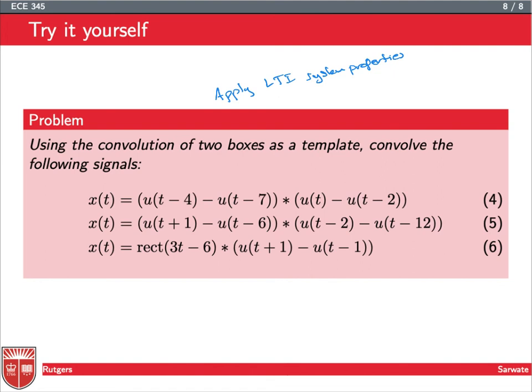These boxes are not necessarily starting at 0, but we know how to convolve 2 boxes starting at 0. So if they aren't starting at 0, you have to account for the delay and then delay the output by the corresponding amount after applying the template. Similarly, none of these have gains, so we don't have to worry about that. So really it's about applying the LTI system properties for delay.